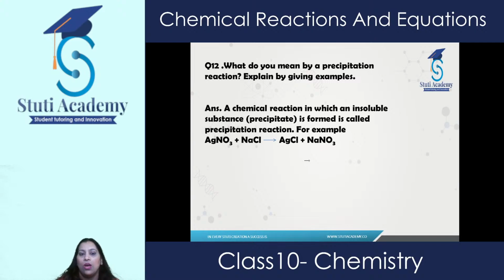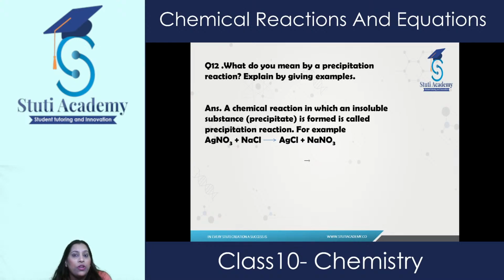Next is, what do you mean by a precipitation reaction? Explain by giving an example. A precipitation reaction is that kind of reaction in which a precipitate is formed, and that precipitate is insoluble, so it settles at the bottom. That kind of reaction is known as a precipitation reaction.